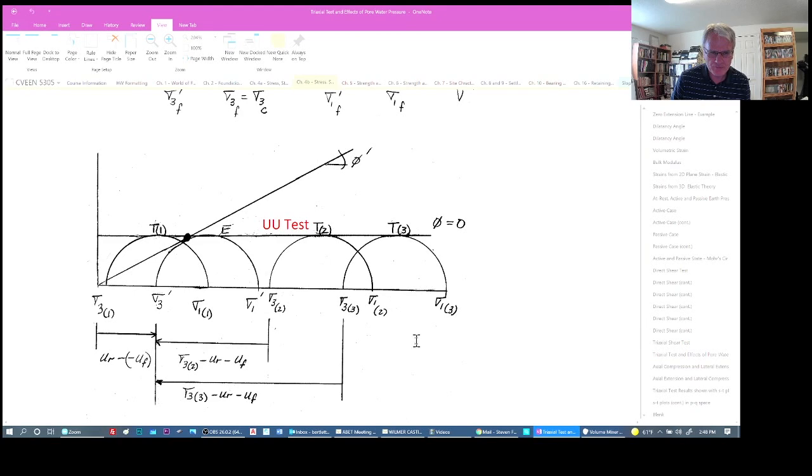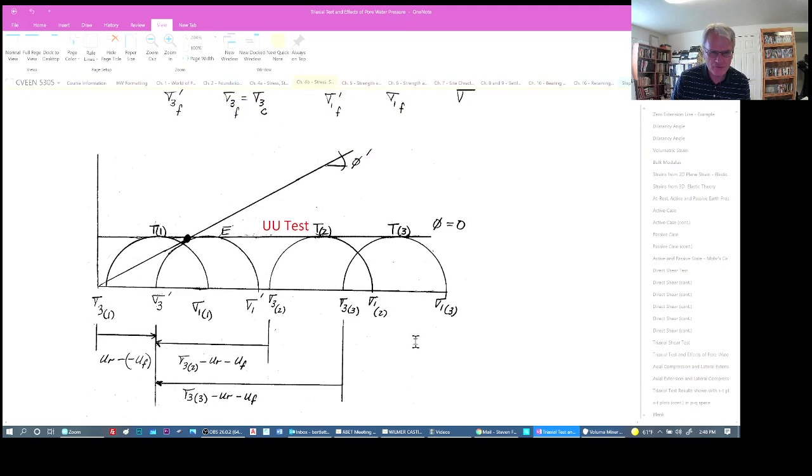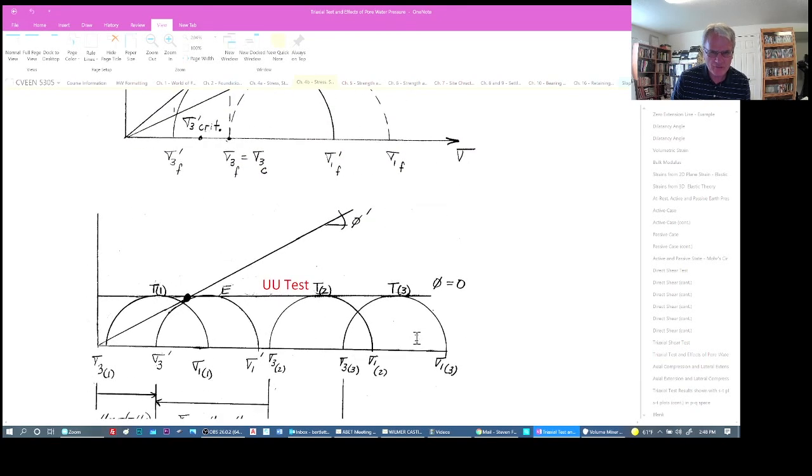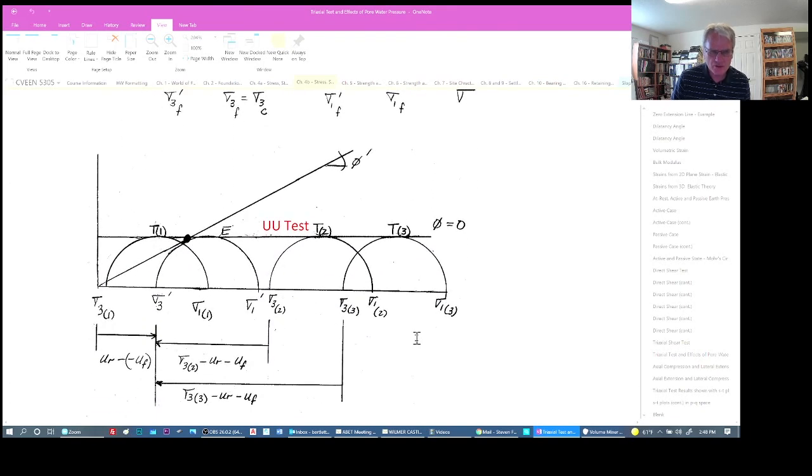So this really is not that useful because we don't very often shear soils unconsolidated and undrained. Sometimes the UU test is called useless and unreliable. I don't really like this test at all, but I point it out so that if you hear the terminology, you'll know what it is.